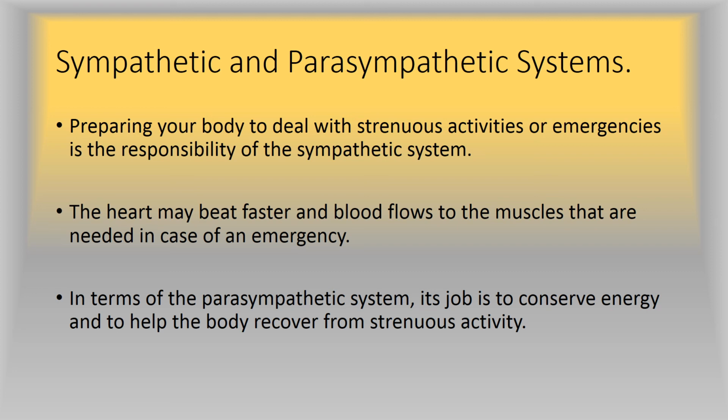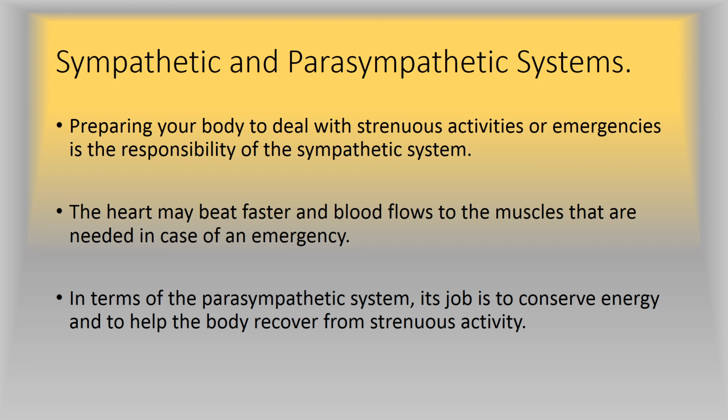The sympathetic system prepares your body to deal with strenuous activities or emergencies. So again, maybe this could be something as you're exercising, right? And you're running or you're jogging, or if you're upset about something, maybe you're watching a scary movie, or maybe there's something going on in your personal life that has you very upset or nervous. So this prepares your body to deal with this.